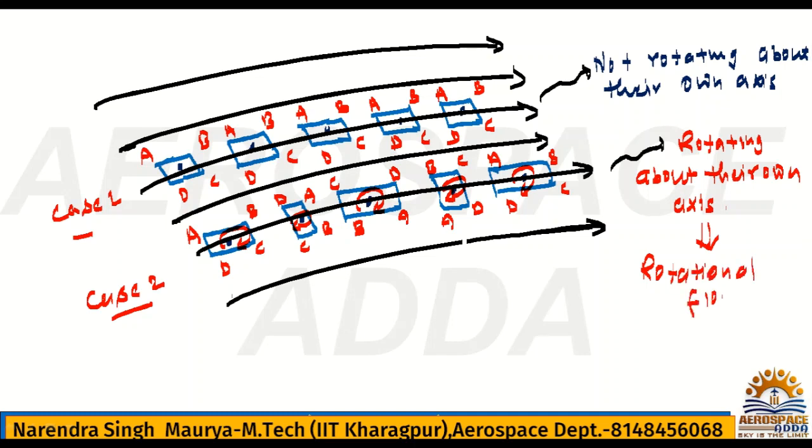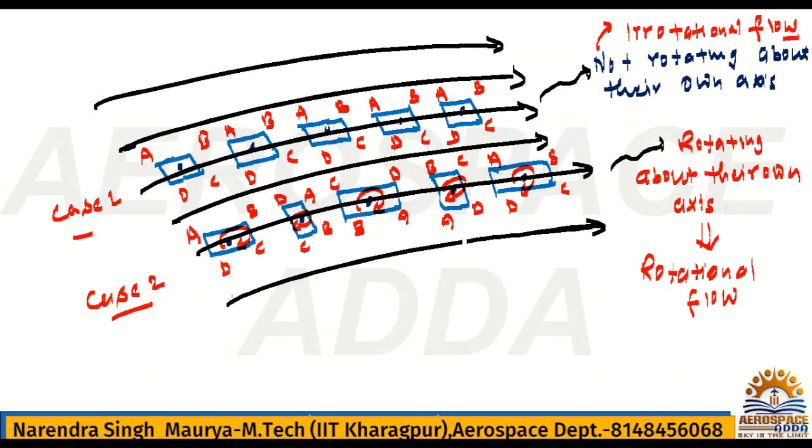Rotational flow means the particle is flowing, and at the same time it is rotating also. It is rotating around its own axis, then it will be called a rotational flow. What about this? This is called irrotational flow.